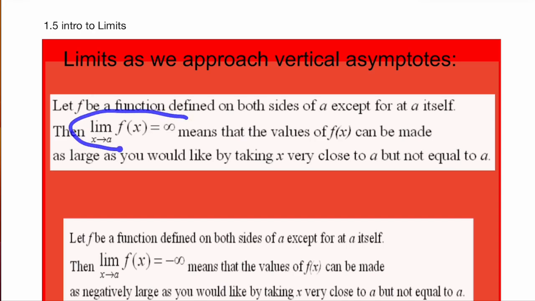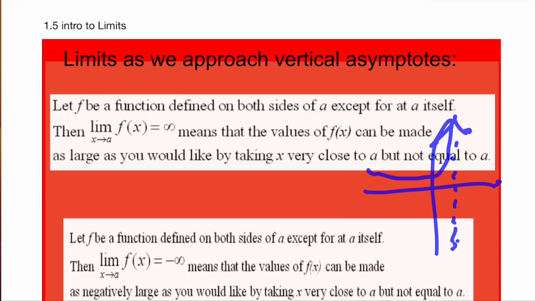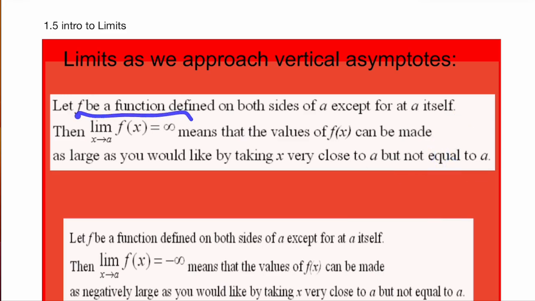If we approach a, some value on the graph, and we go to infinity, we have actually approached a vertical asymptote. And as we approach that vertical asymptote, wherever it is at some value a, we are going upward. So that's what that notation is.